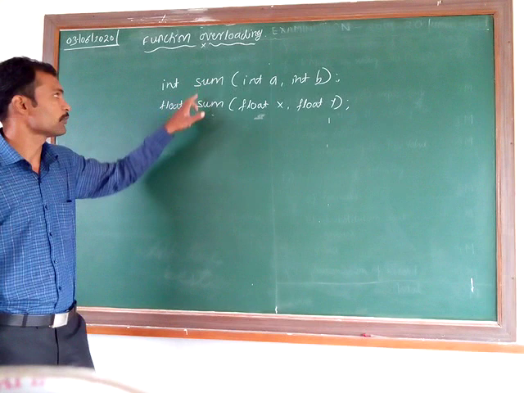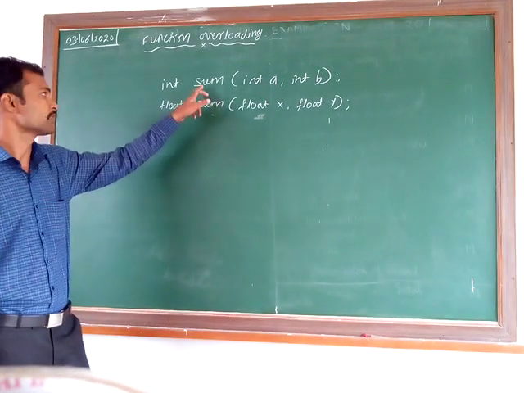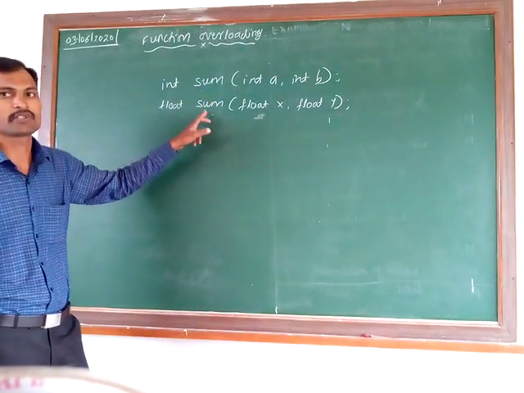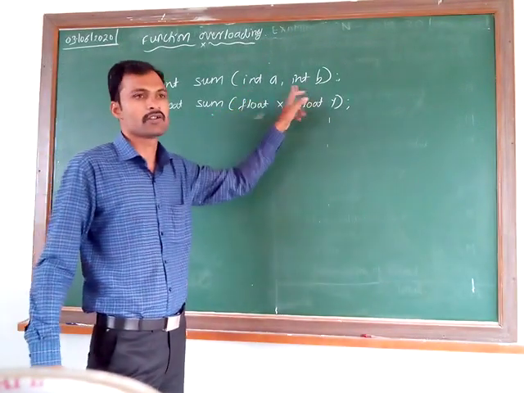You have two functions, and both function names are the same, sum. The first has the int type, the second has the float type.